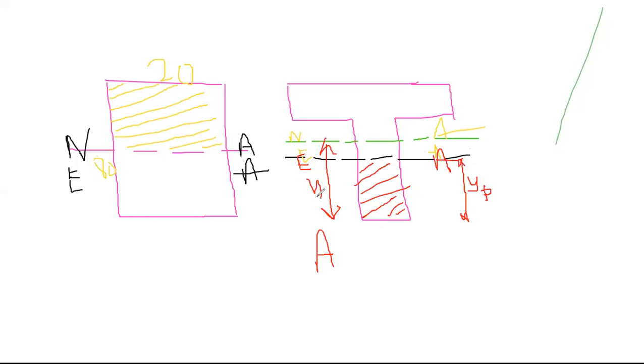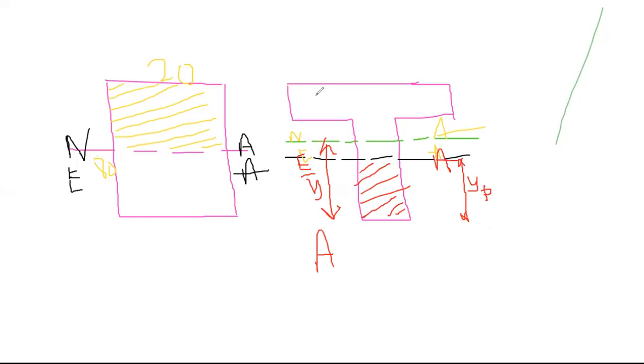They will not coincide in case of unsymmetrical sections. The section which is symmetrical about only Y axis here, in this case also they will not coincide. Here also they may coincide provided the dimensions are like that, which is very rare case. So Y bar is the position of neutral axis, YP is the position; depending upon YP value, the area of shaded portion and unshaded part are same, A by 2.